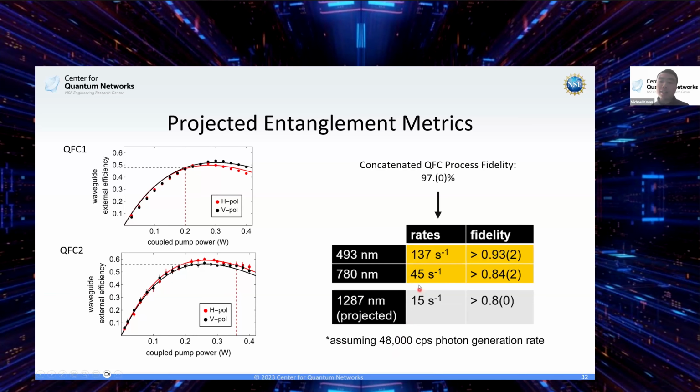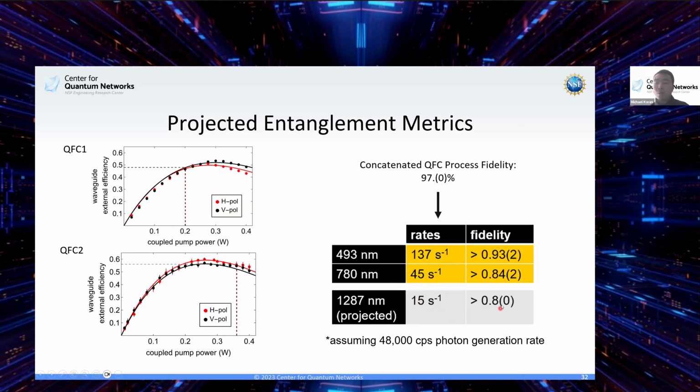But because of the losses at 1287 nanometers, there's only a 15 hertz estimated entanglement rate. So the losses and the conversion efficiencies all factor into the rates.